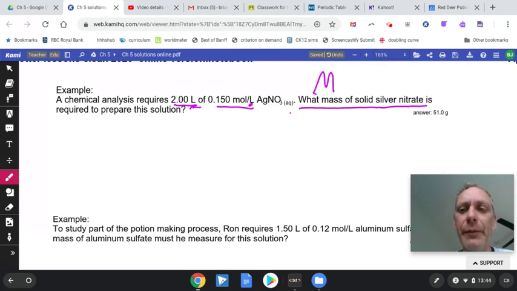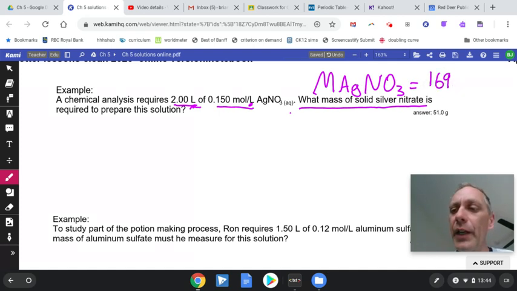So capital M in front of a formula means molar mass. Correct formula for silver nitrate, Ag is a 1 plus, NO3 is a 1 minus. So you go searching on your periodic table and you add up 1 silver, 1 nitrogen, 3 oxygen, and you get 169.88 grams per mole.